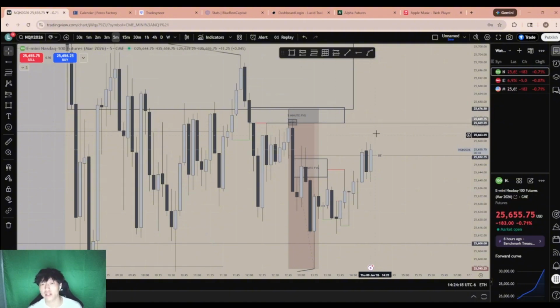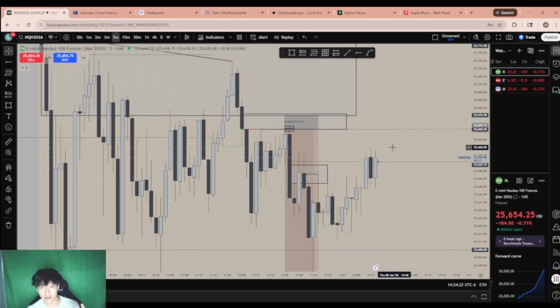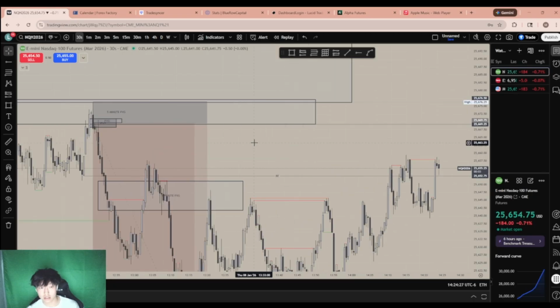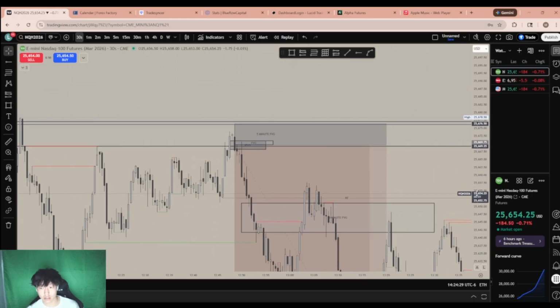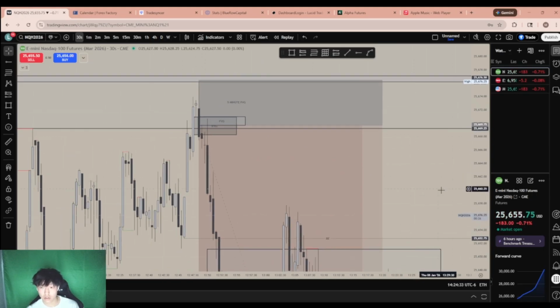It begins to show weakness, paired with weakness inside of this 5-minute fair value gap, and you just look for an inversion right here. I would have used this fair value gap too.